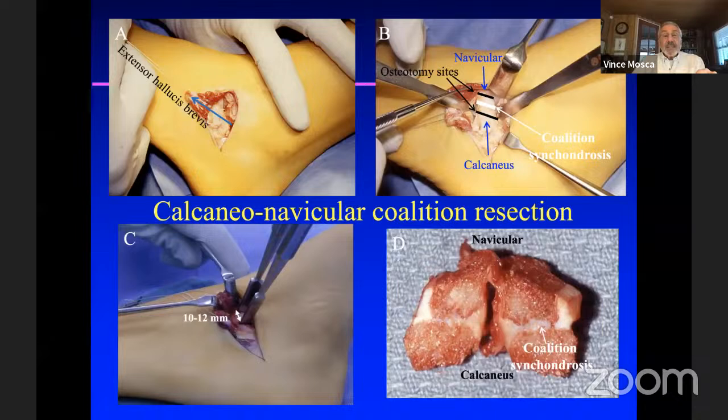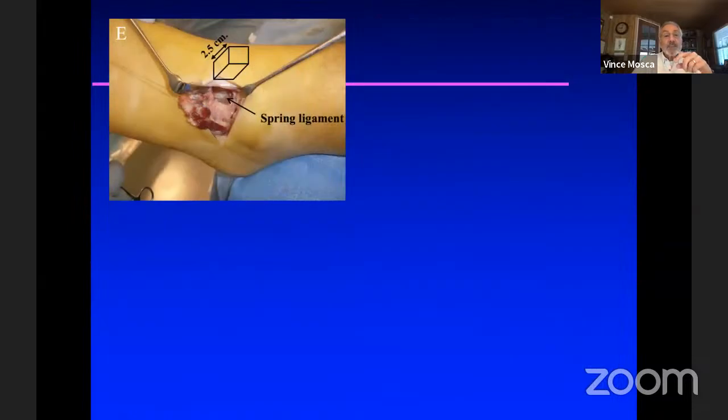The tendency is to make these bone cuts converge on the plantar aspect, and then you might remove most of the coalition, but not the very deep portion. Well, that's not a coalition resection. This piece that comes out has to be symmetric, as wide dorsally as it is plantarward.